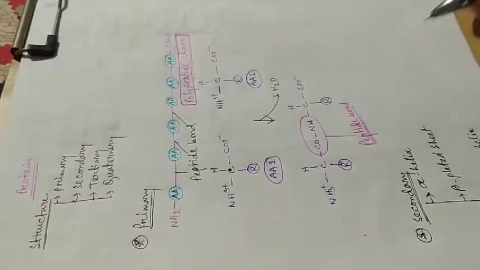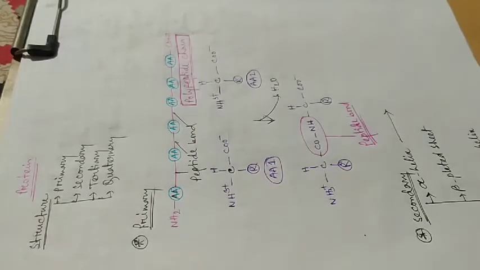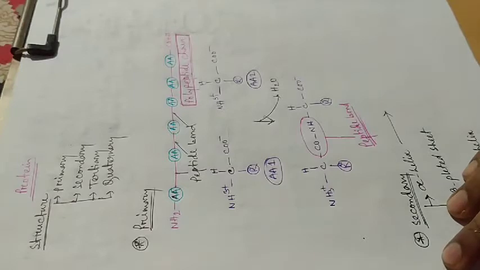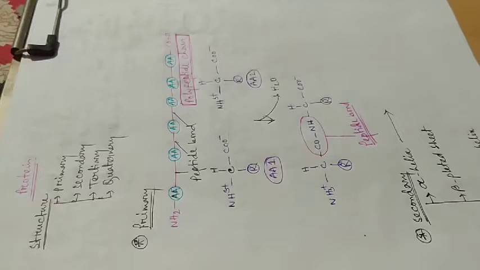Okay. How is the alpha helix formed? When the peptide chain is formed, the polypeptide chain is coiled spirally, generally in a right-handed manner.